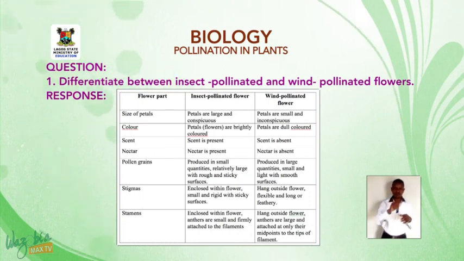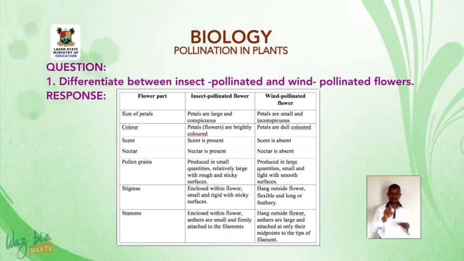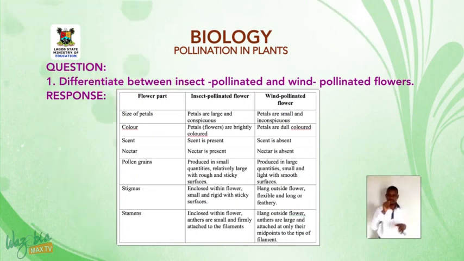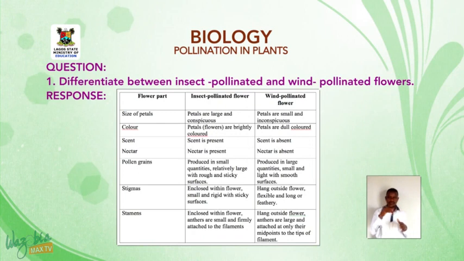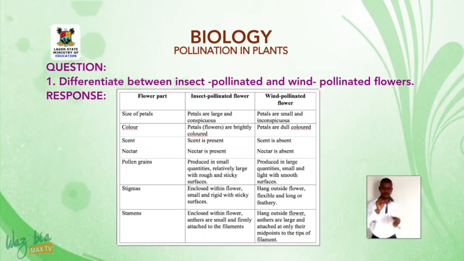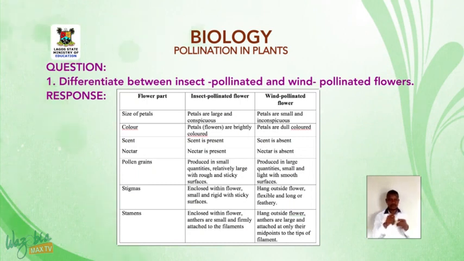Under insect-pollinated, stamens are enclosed within the flower. Anthers are small and firmly attached to the filaments. Under wind-pollinated, stamens hang outside the flower. Anthers are large and attached at only their midpoints to the tips of the filaments.